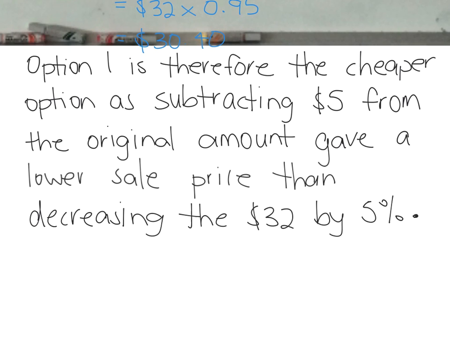Thinking back to exactly what the question asked us to do, we have very clearly justified why we chose option 1, and we have linked back to the calculations that we were required to write down.